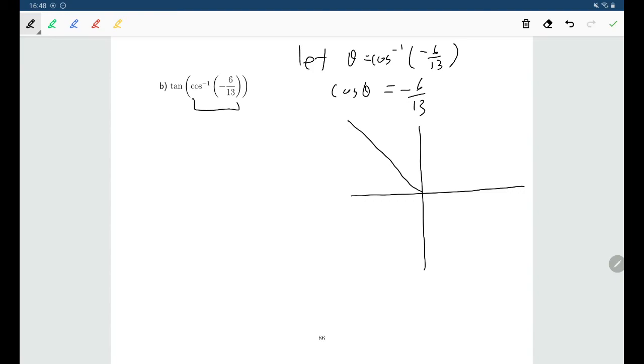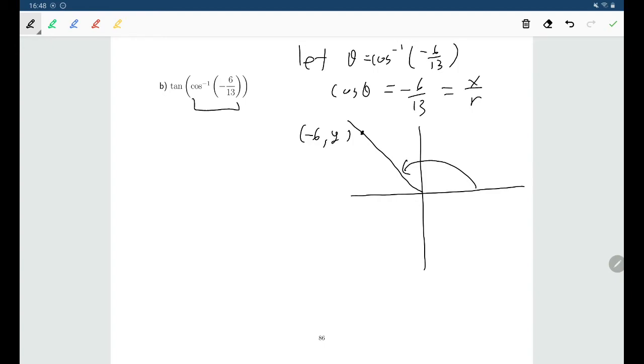We still have to know the restricted domains and ranges for these functions, so that when I draw things, I'm thinking correctly about whether x is positive or negative and whether y is positive or negative. So here, the value for x should be negative 6. R is 13, and the value for y is unknown.